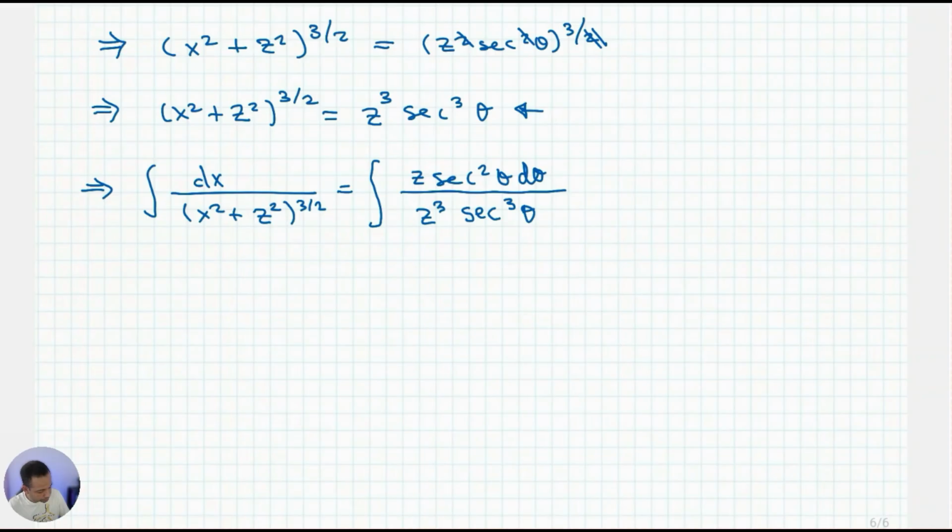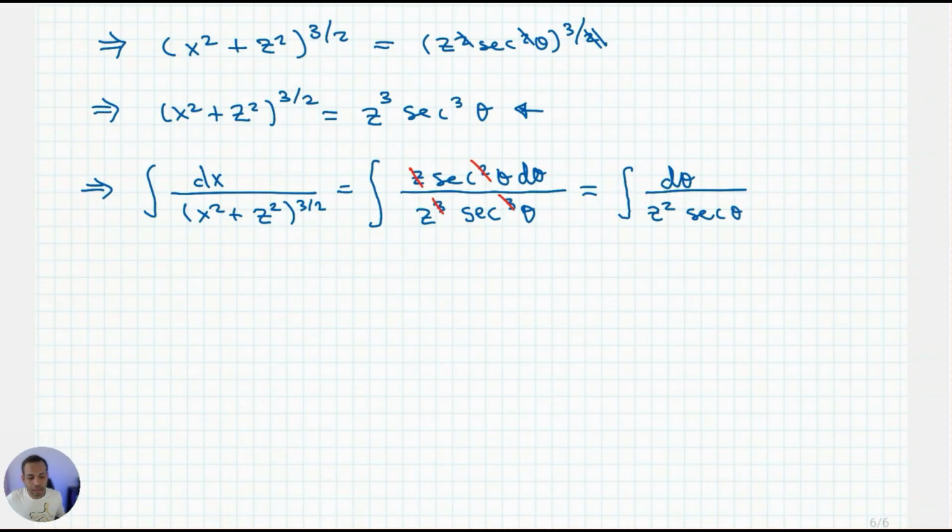This one simplifies with this, and this simplifies with this, and we will get something like the integral of d theta divided by z squared secant of theta.